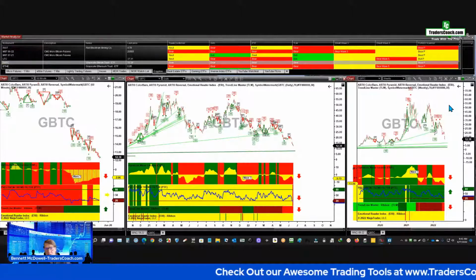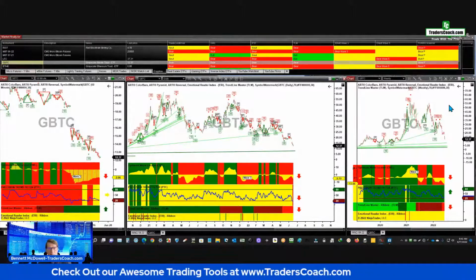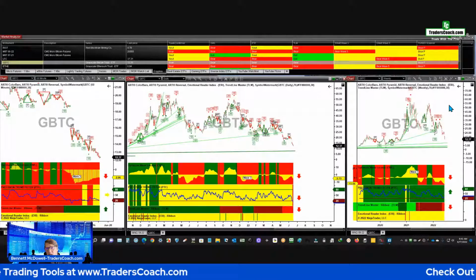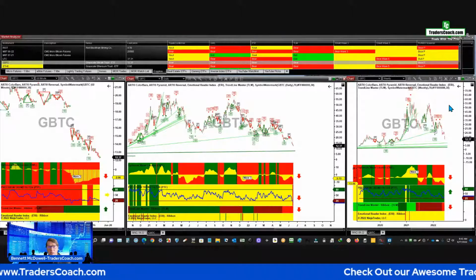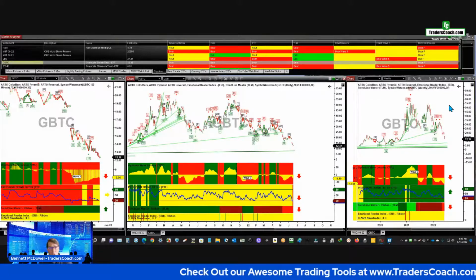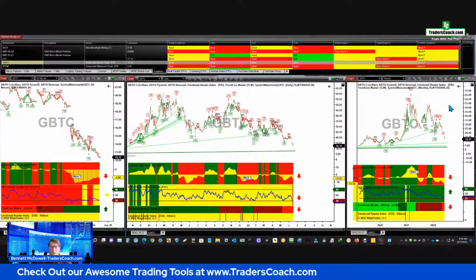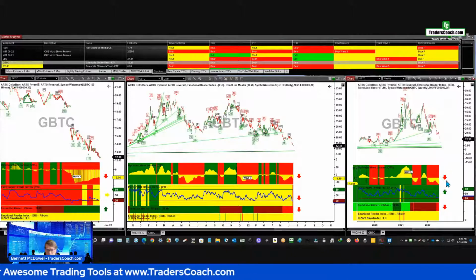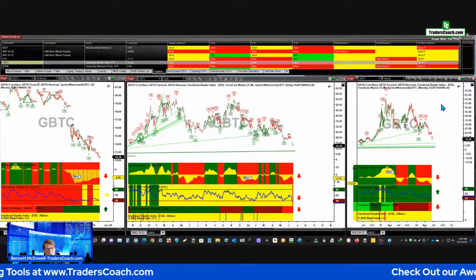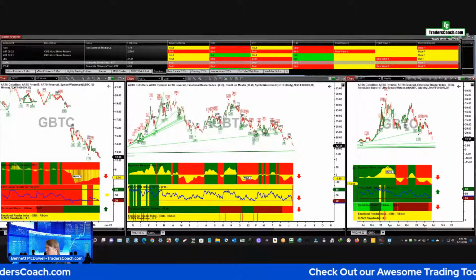But the problem is, it's like every other market, things happen. So you always have to use risk control, and you always have to calculate your trade size. You don't want to be betting more than you can risk appropriately for any one trade, whether it's Bitcoin or an ETF or a stock. So always use risk control so it's not a disaster. It's just a normal stop. So keep that in mind.